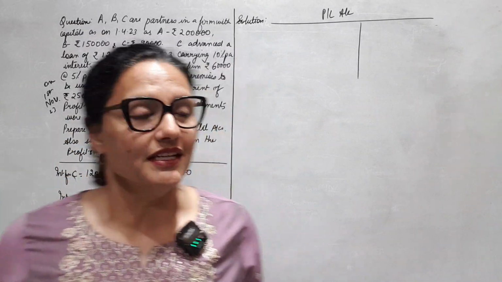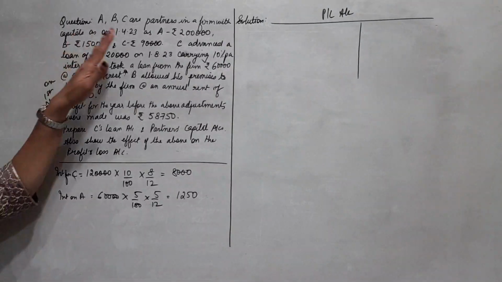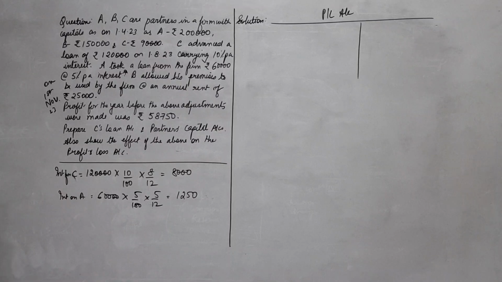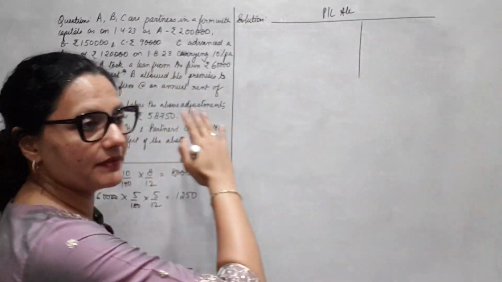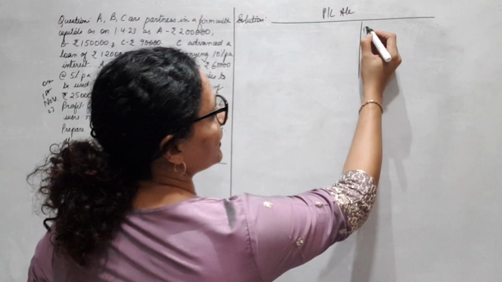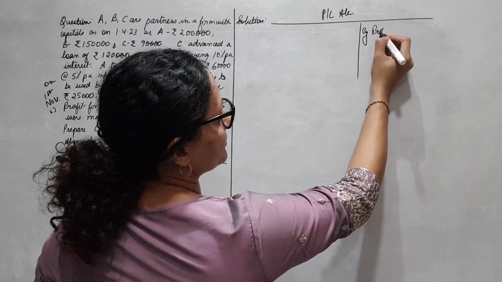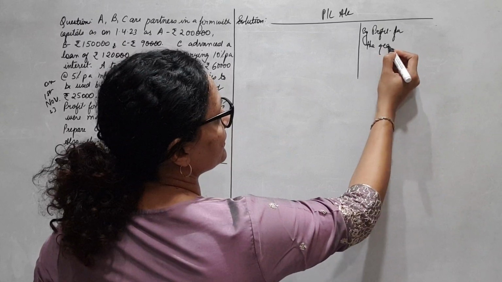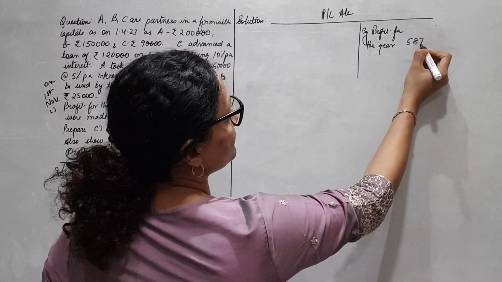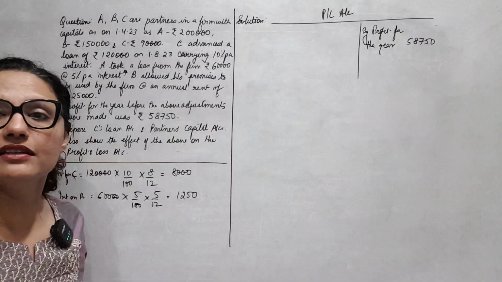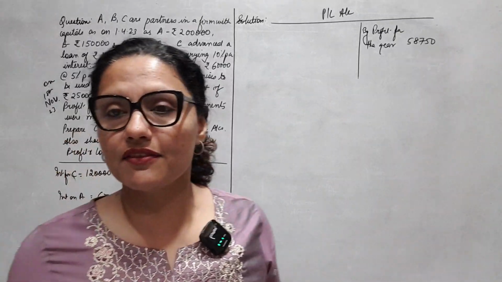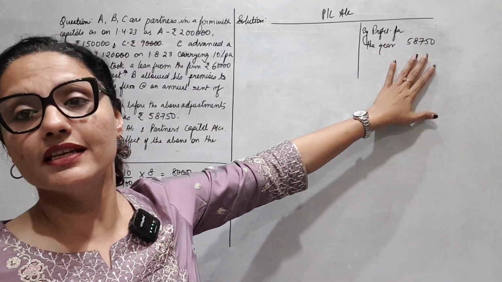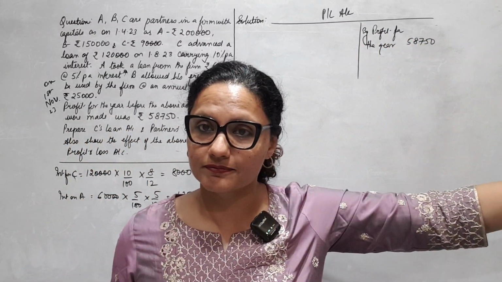Before giving effect to all of this, the profit was 58,750. So obviously profit, that means my credits were more. So here I am bringing down the profit for the year, which is 58,750. Since you don't have any other information, I am just starting my PL account with this available profit figure.